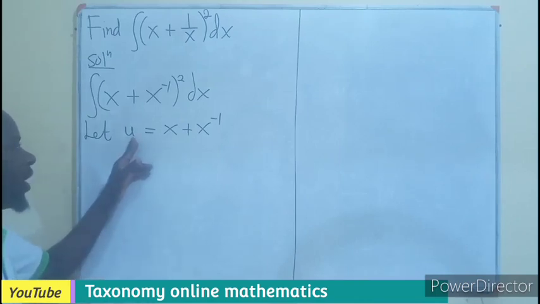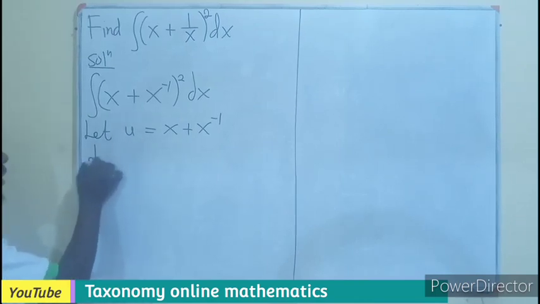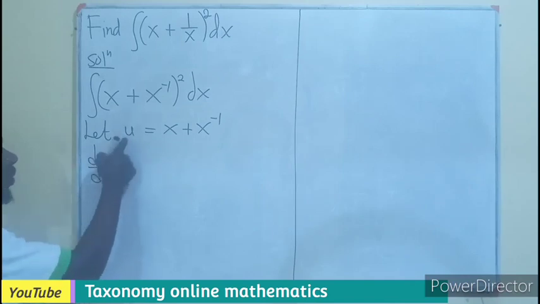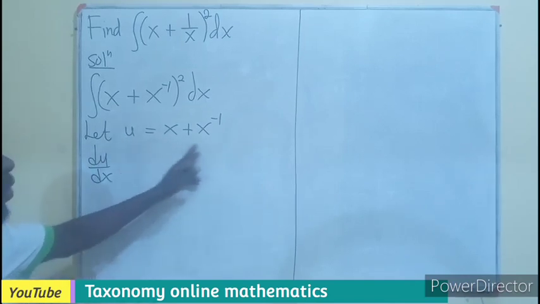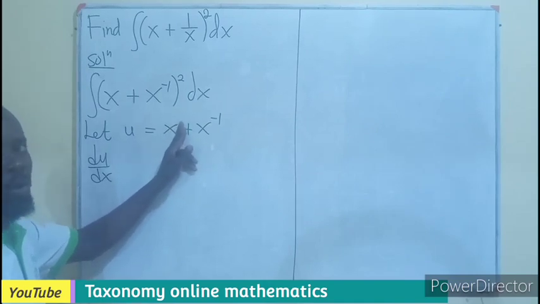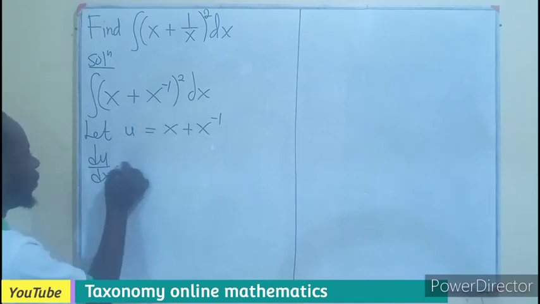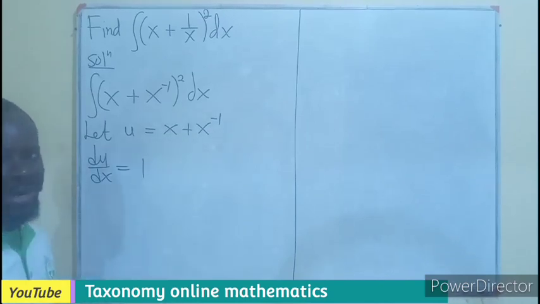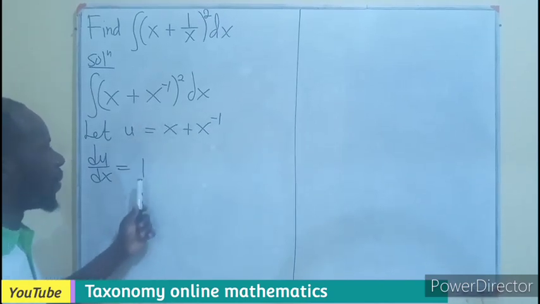After finding u, we need to find du/dx. You need to differentiate u with respect to x. If you differentiate x, there's a 1 here, it comes out to give you 1. 1 minus 1 is 0, so the whole of this becomes 1.